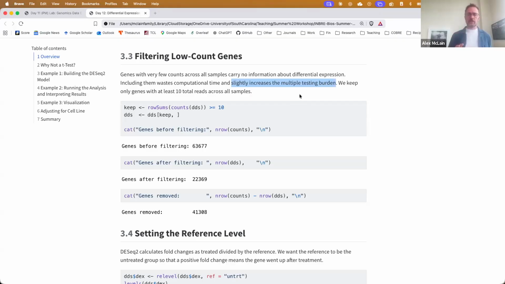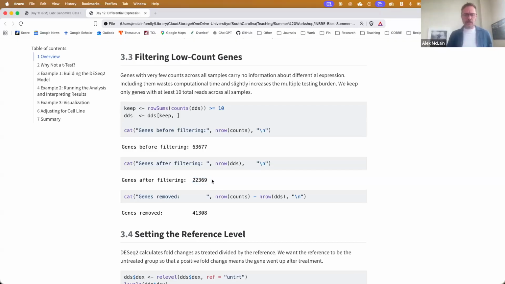It adjusts for the fact that we are doing a lot of tests. The more tests we do, the more we have to adjust. So by limiting the data set, we're decreasing that multiple testing burden. So instead of doing 63,000 tests, we're doing 22,000. Still a heck of a lot of tests, right? But it decreases it to some degree.